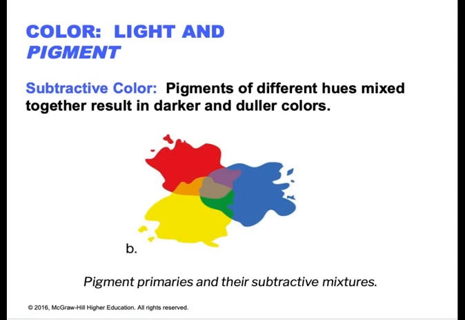Where subtractive, the colors are actually not absorbed by your eyes, they're reflected. So when you see pure red, your retina is only absorbing red. That's why you see red. All the others have been reflected out of your eyes.